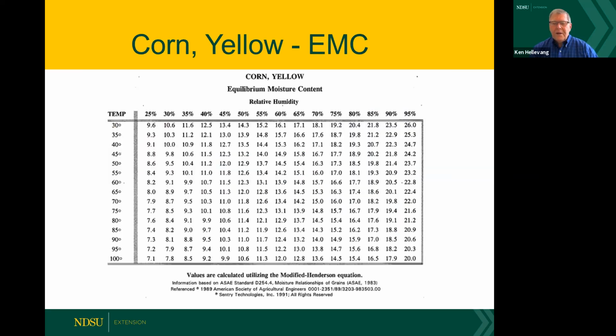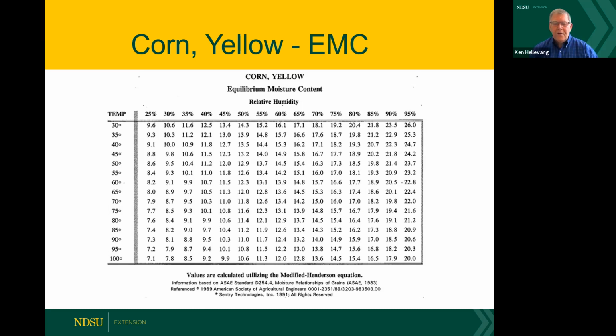The research has been done on most of the types of grain that we're working with, and it is available online. I have included here a table for the equilibrium moisture content for yellow corn. Again, this one is showing the temperature in degrees Fahrenheit along the side and the relative humidity of the air across the top.